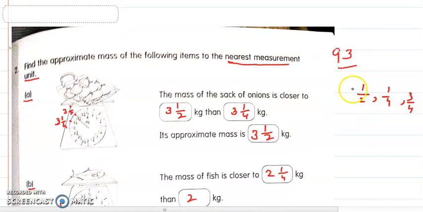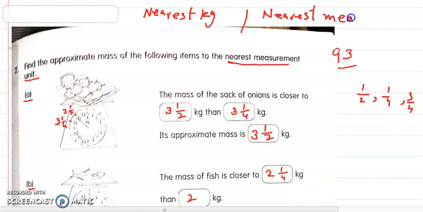But if we have to round to the nearest kg, this difference must be clear now. There are two types of words used. One is to the nearest kg and the other is to the nearest measurement unit.